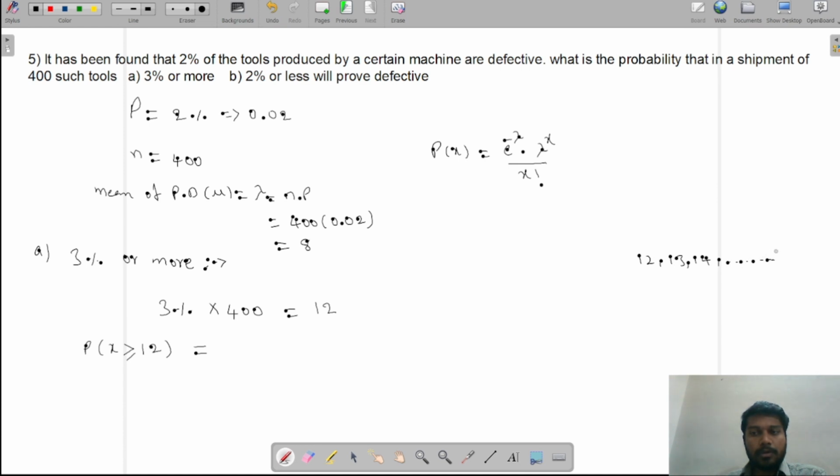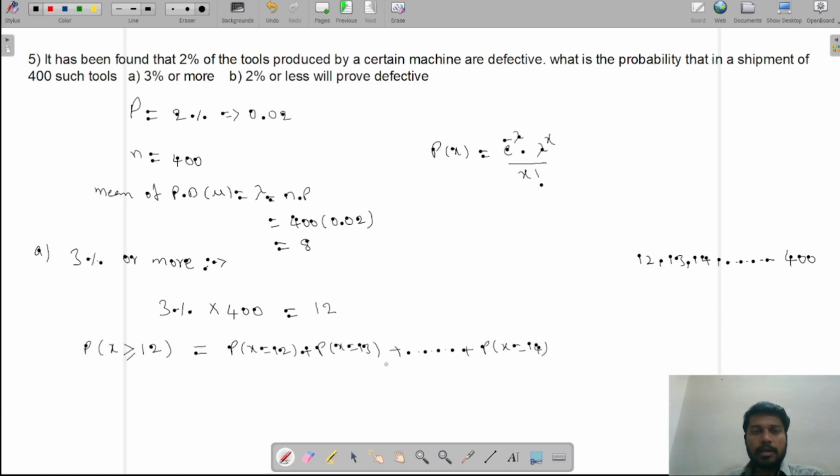Up to 400, because we have to find a probability for 400 such tools, right? So I can denote it as P of x equal to 12 plus P of x equal to 13 plus so on.